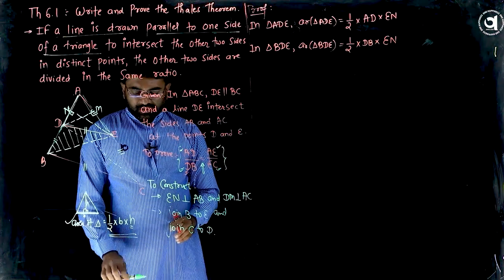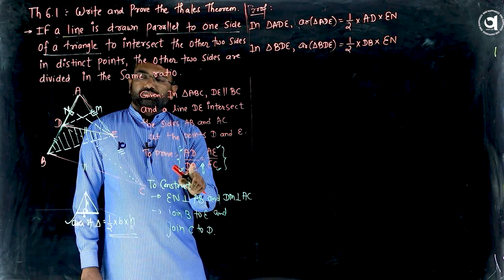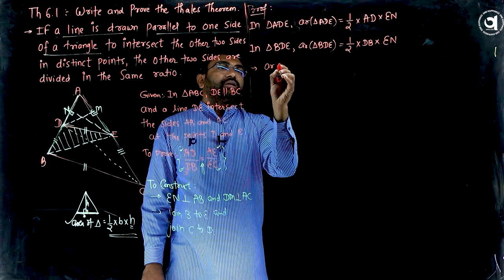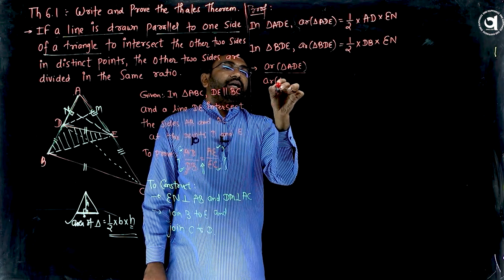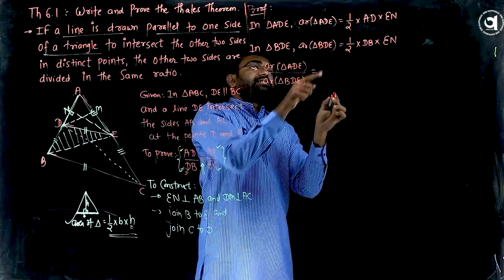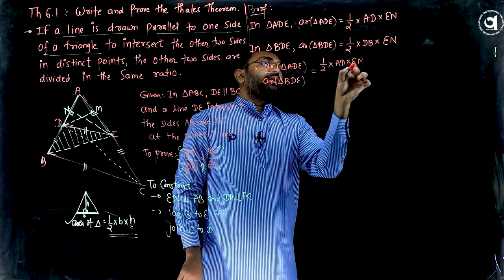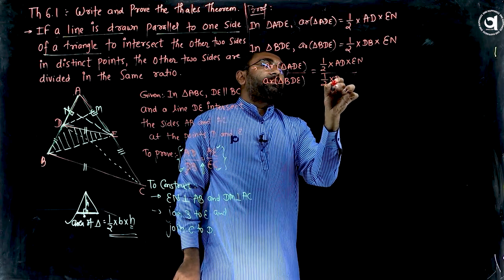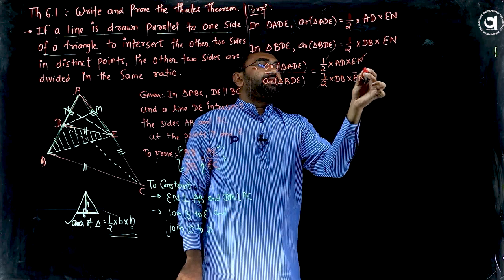Now, as per the requirement of our proof, we require the ratio of AD and DB. So for that, I take the ratio of these two triangles' areas: area of triangle ADE and area of triangle BDE. Area of triangle ADE is 1/2 into AD into EN, and area of triangle BDE is 1/2 into DB into EN. Now the half cancels out, and EN cancels out.